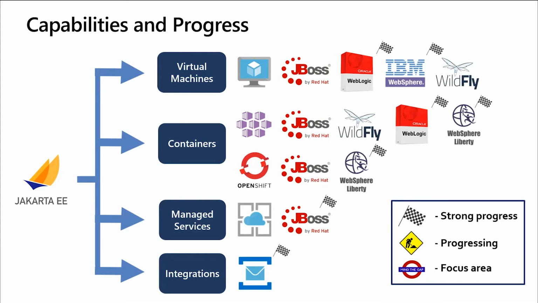There are certain other things that we've made strong progress on, and will continue to make strong progress on. These are things like JBoss EAP on virtual machines, WildFly on virtual machines, JBoss EAP on ARO, and perhaps WildFly on AKS. And there are some areas where we are depending on you to figure this stuff out on your own. There's really nothing stopping you.